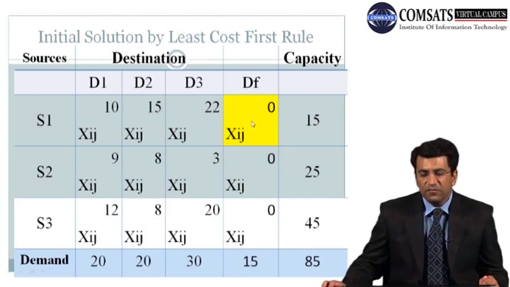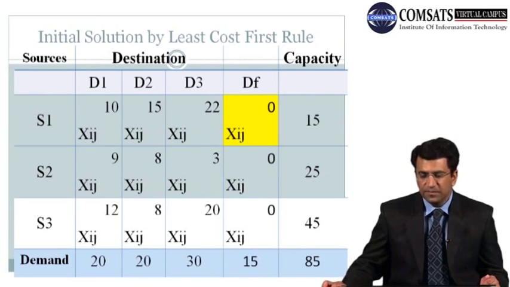Now after taking the 15 into account in this particular cell, of course we will subtract the 15 from this row total, and subtract 15 from this column total, because we cannot add any other quantity in this particular row and column, since all the supply and demand has been exhausted.